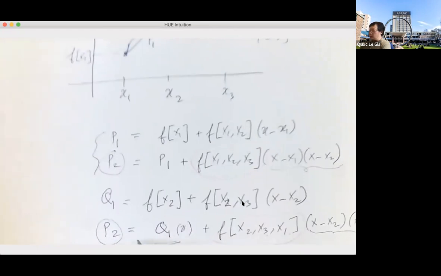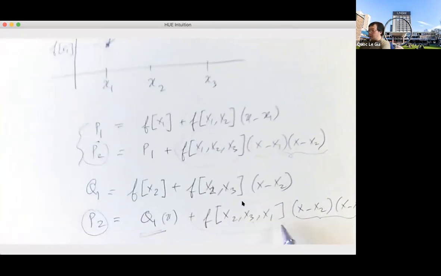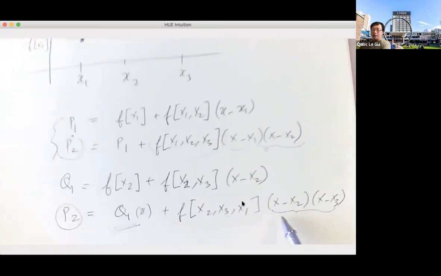So this will be Q1 plus the divided difference, now over x2, x3, x1, and the product is x minus x2 and x minus x3. So you have 2 ways to construct P2.